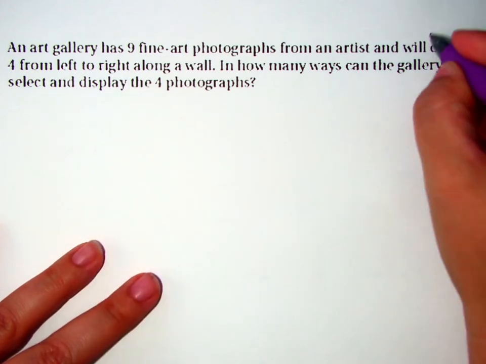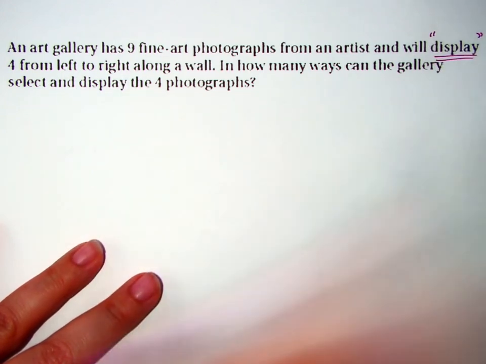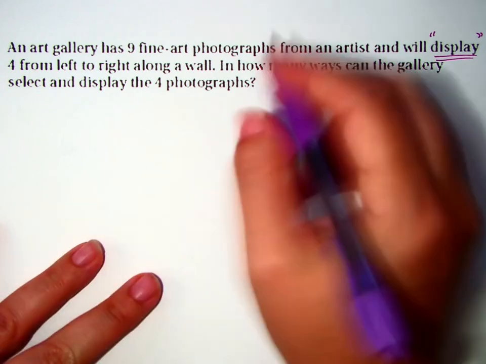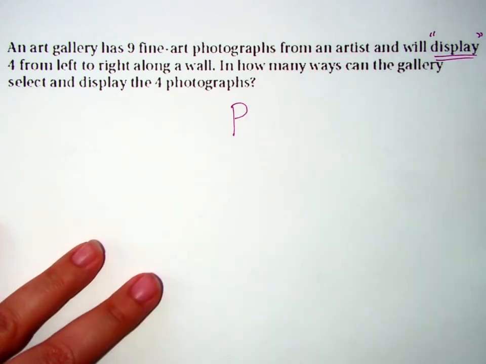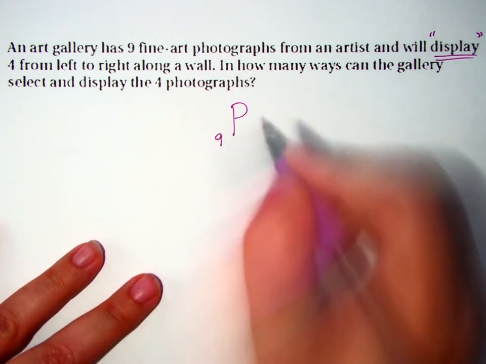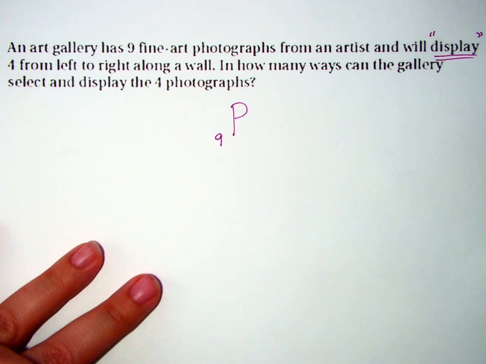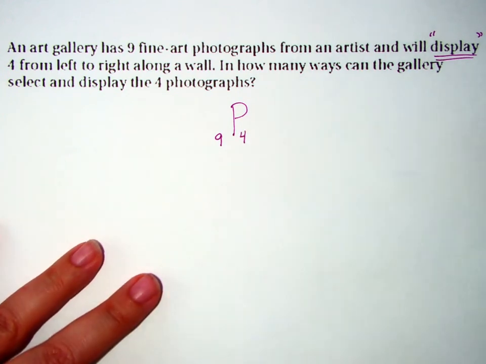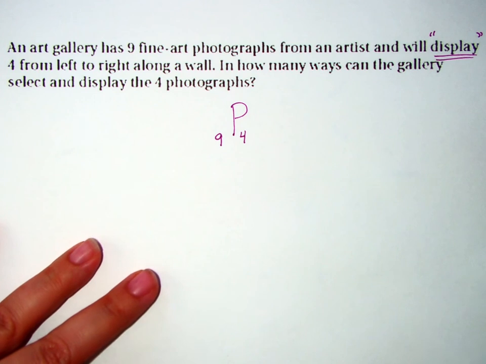So this word right here, display, I know order matters. Now, I know it's a permutation because order matters. How many total photographs are there? There are 9. How many are we choosing? We are choosing 4. So we can do this in our calculator.